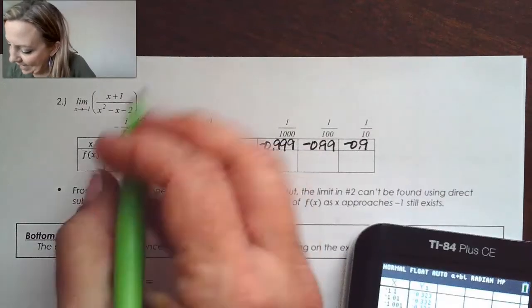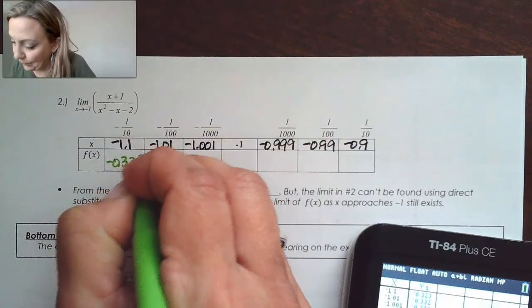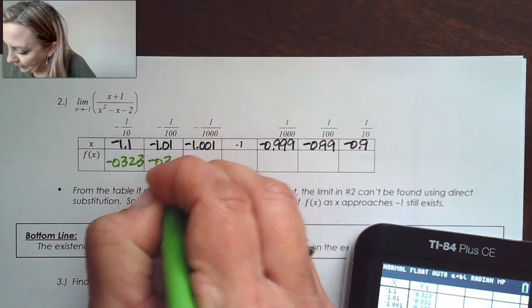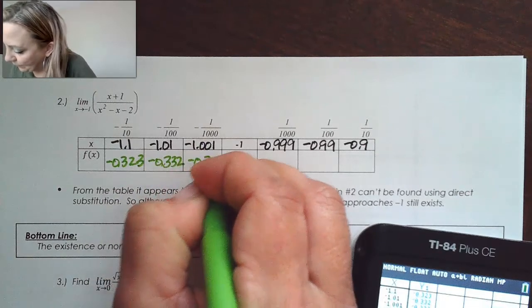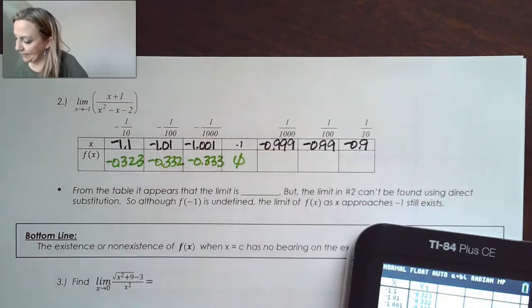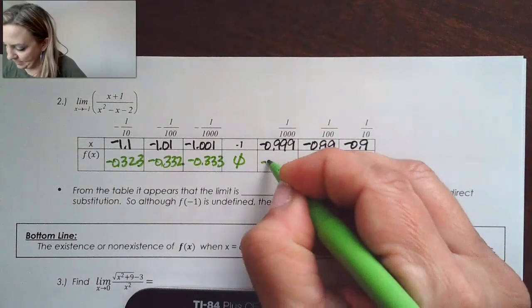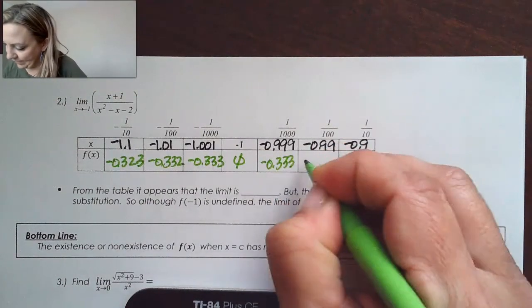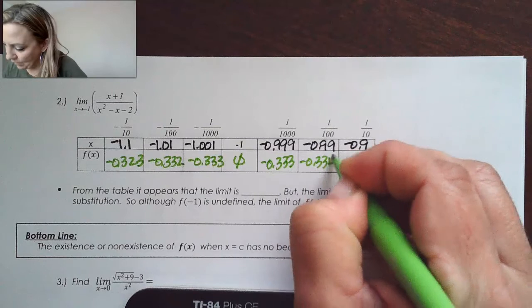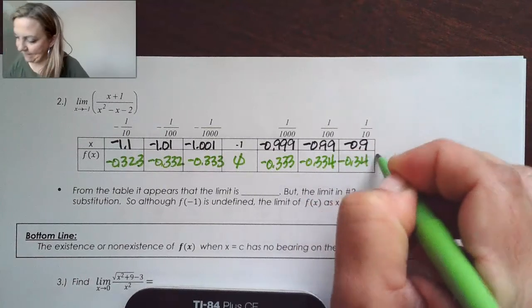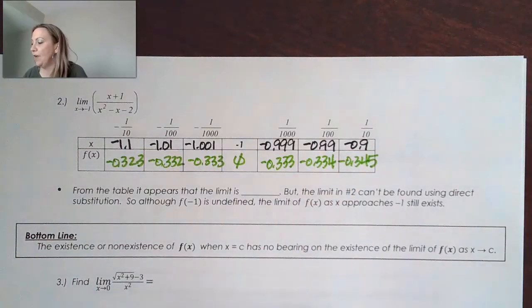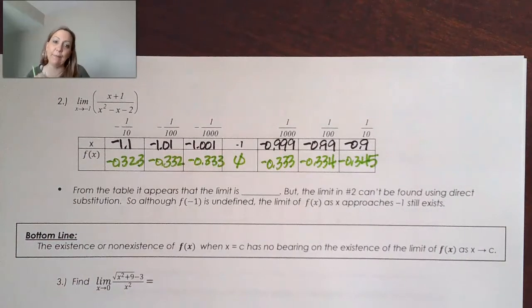So here I had negative 0.323, negative 0.332, negative 0.333. Here it was undefined. Here, negative 0.333, negative 0.334, negative 0.345. So from the table, it does appear that we have a limit.